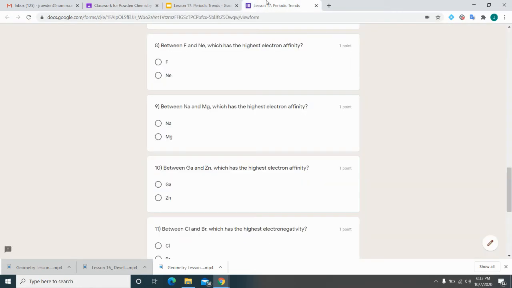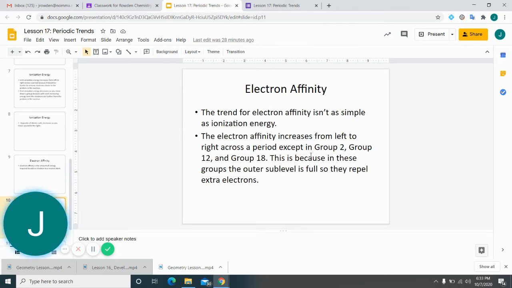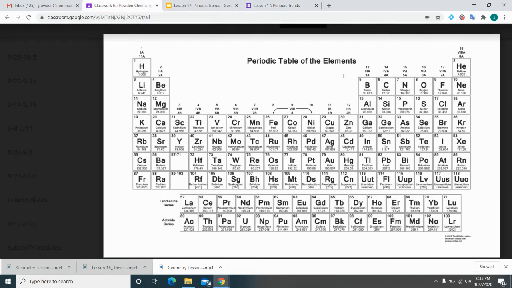But here's the exception. Groups 2, 12, and 18 are the exception, meaning these will always have the lowest electron affinity. In fact, group 18 has an electron affinity of almost 0. So I know our trend says it increases as you go to the right. The exception, like I said, is group 2 right here, group 12, and group 18.